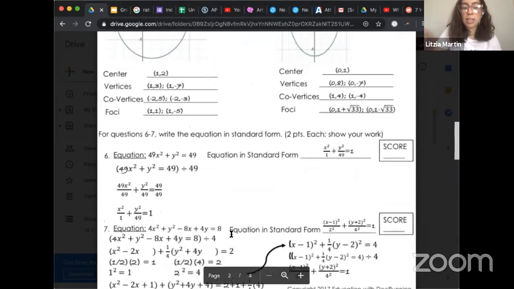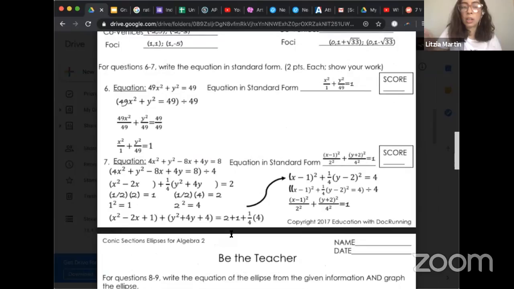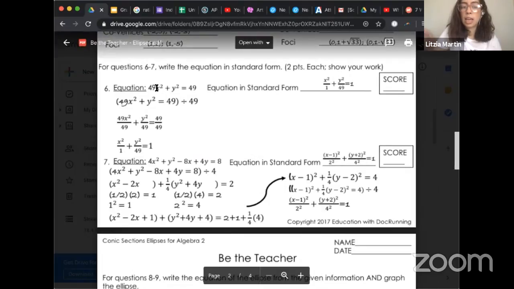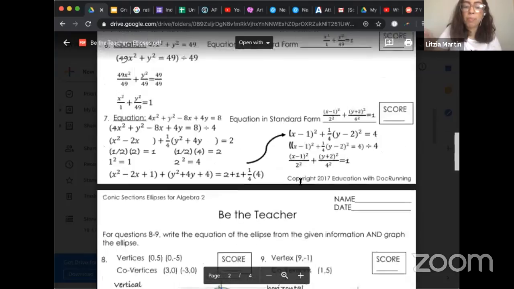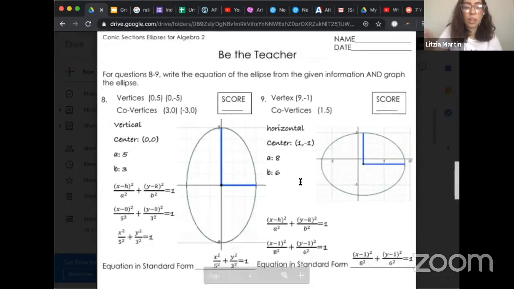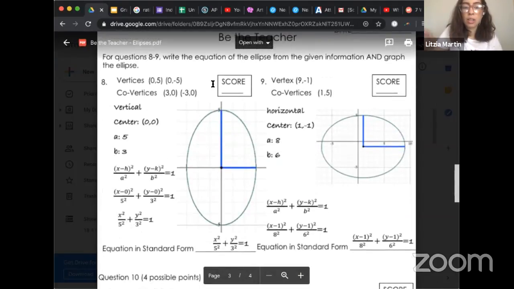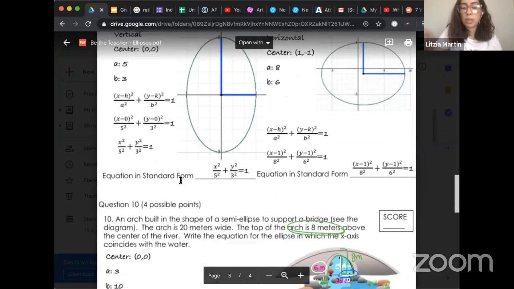And then the last part here is going to be taking the general form and then writing it in standard form. And then lastly, writing the equation. So given the vertices and the co-vertices, writing the equation.